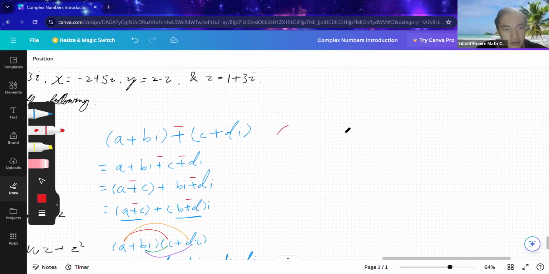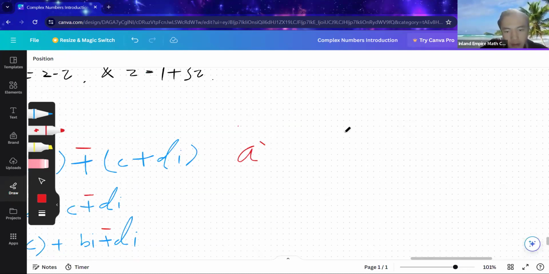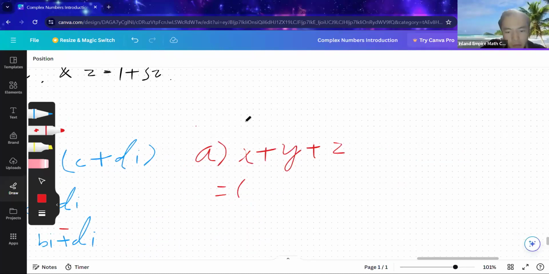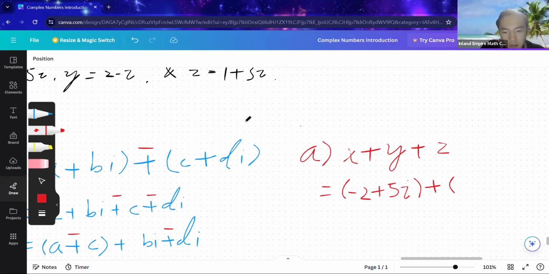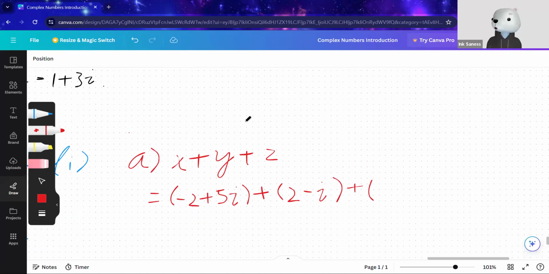You want to do x plus y plus z. I'm going to zoom in a bit. You know that x is -2 plus 5i, y is 2 minus i, and z is 1 plus 3i.